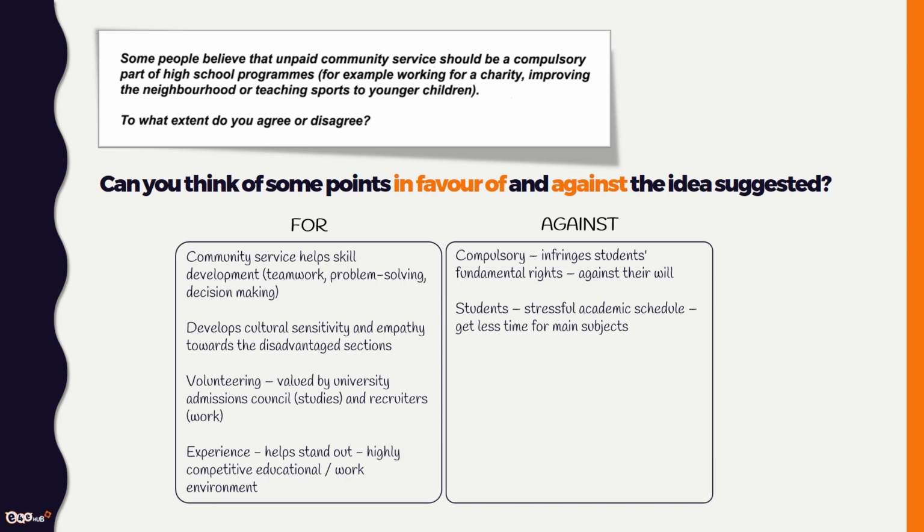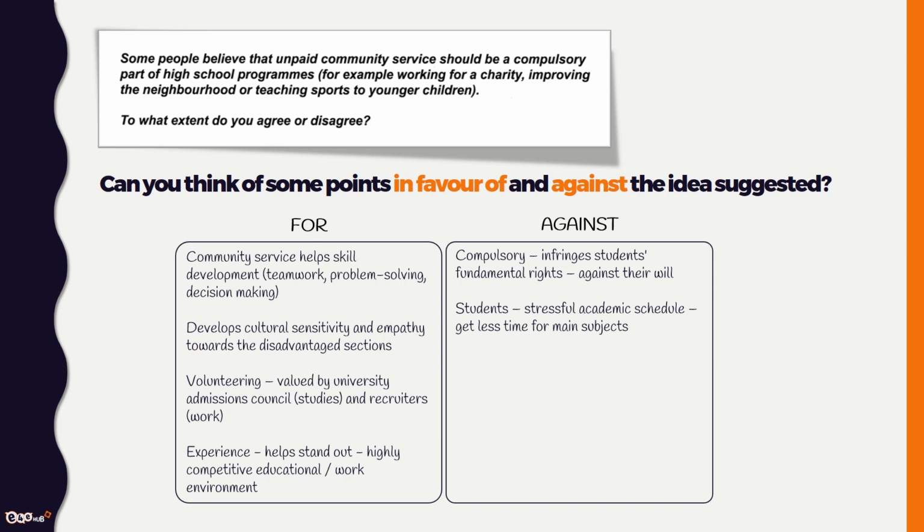Yeah. And this kind of technique is called tabling. So you just table them into 2 columns. One column will be in favor of the idea or the view given to you in the question, and the next column will be against, a diametrically opposite side of the side in favor of the idea suggested. Okay. Now this is the tabling technique, and it is quite clear that I have more points in favor of community service becoming compulsory in high schools.